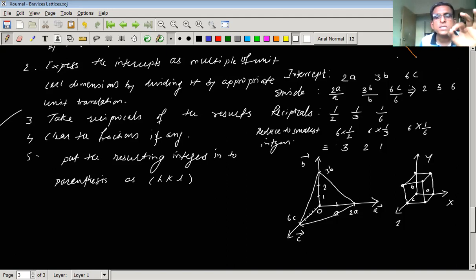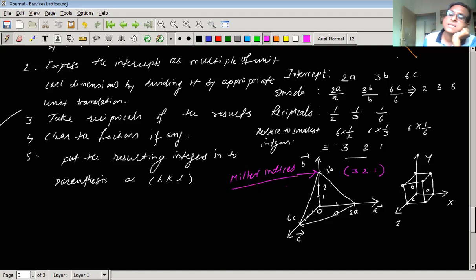We have to put these integers into a simple bracket, like this: (3 2 1). So these are called Miller indices. These are called the Miller indices of the plane. Which plane? This plane, the plane which I have shown in the figure.